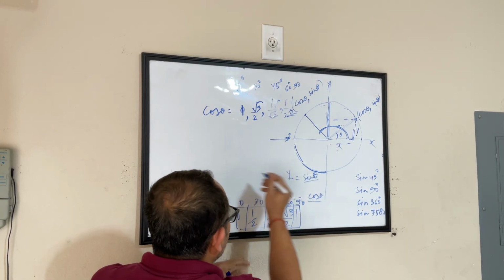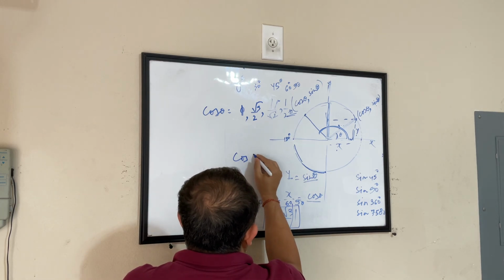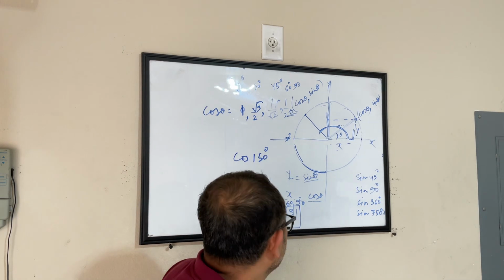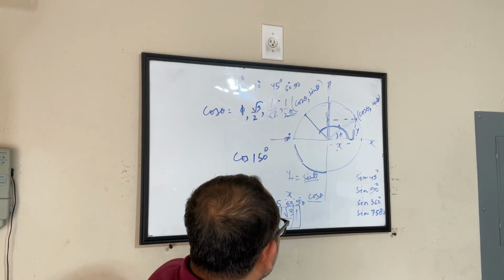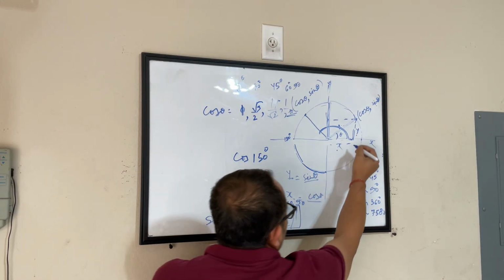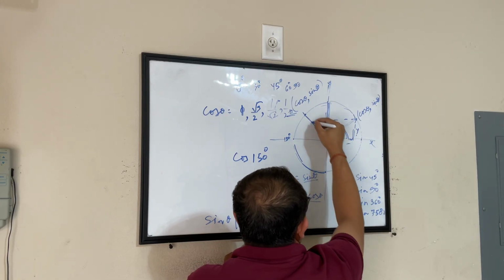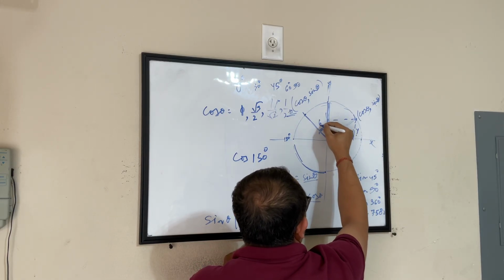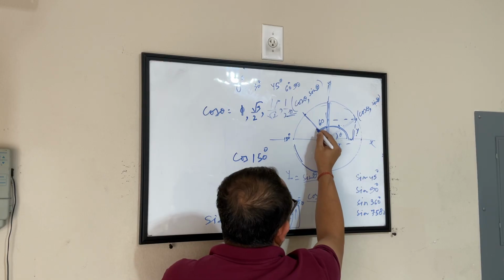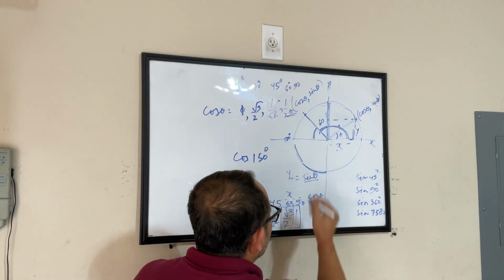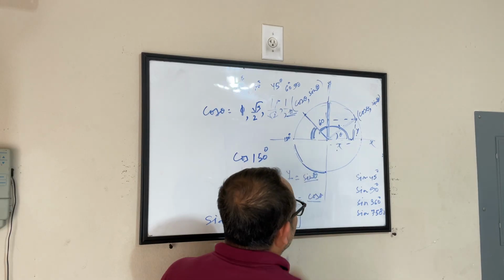Let's say if I talk about cos of 150 degree. What is the value of cos of 150 degree? Cos of 150 will be 90 plus 60 here. Or I can say it will be equal to cos of this angle also.